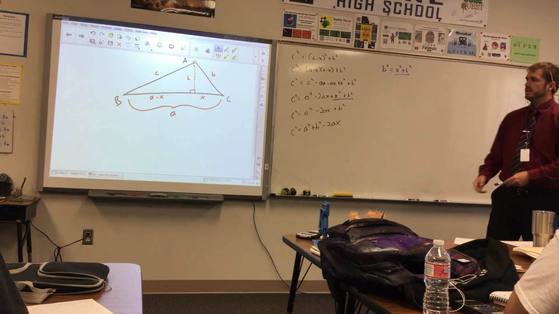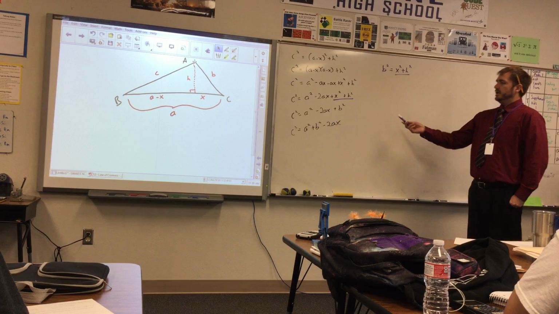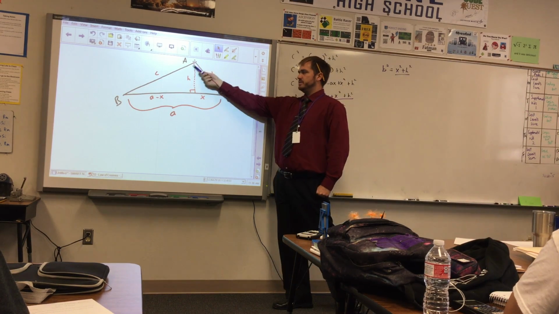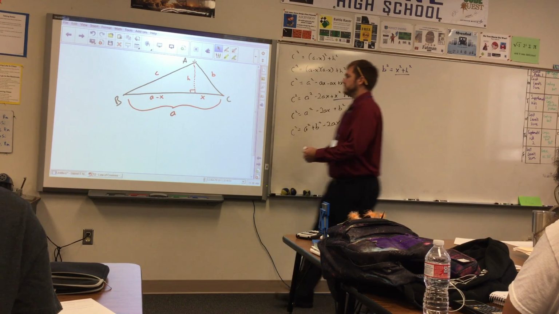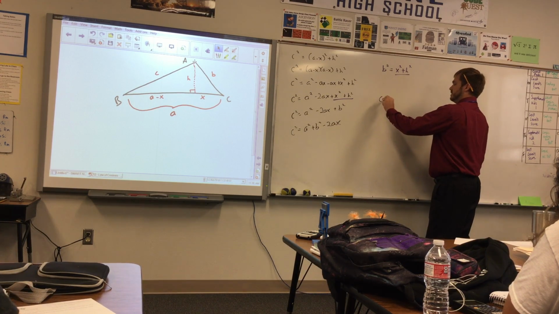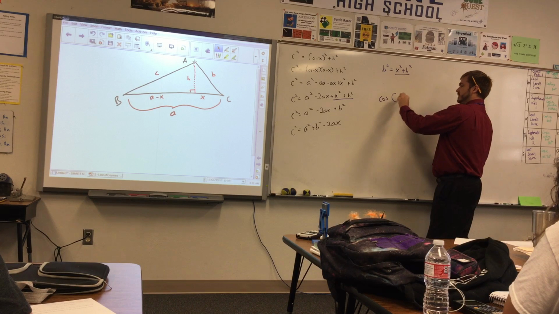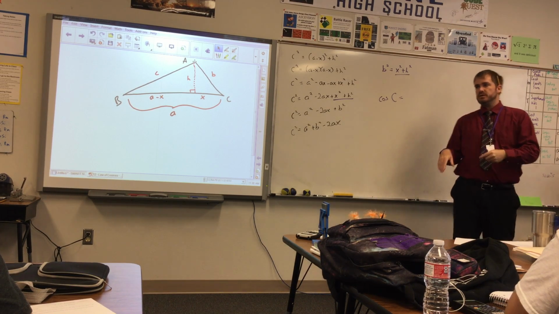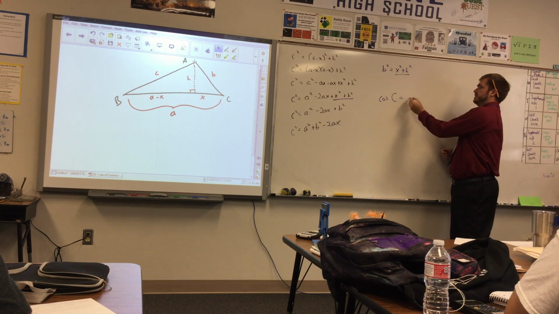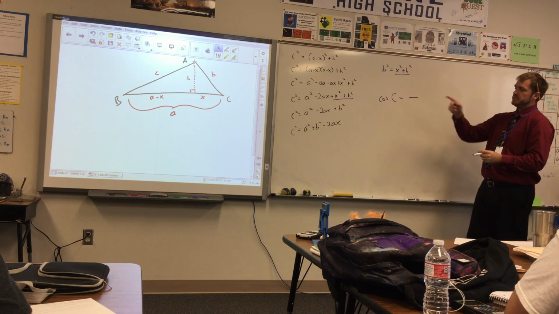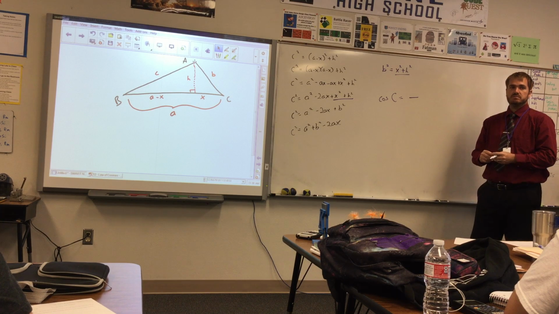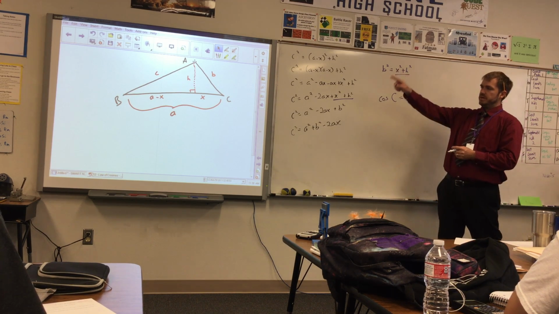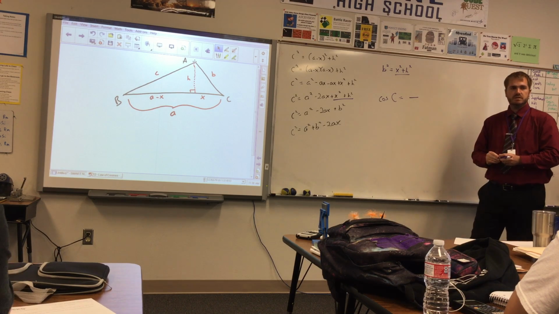Now, another side note, still looking at this right triangle, I'm going to write cosine of angle C. So class, remind me, cosine of an angle is what over what? Adjacent over hypotenuse. In this case, what is adjacent to angle C, looking at that right triangle?